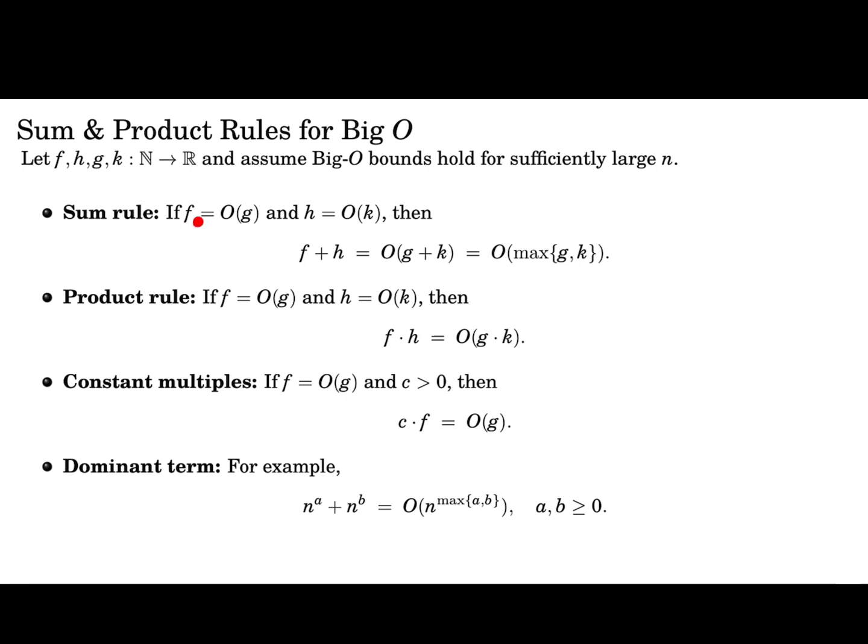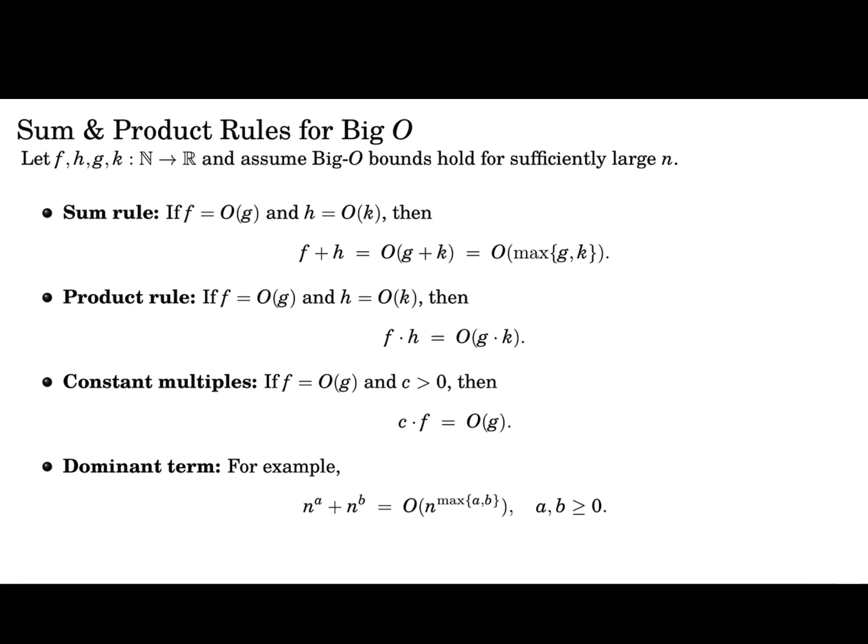If f is big O of g and h is big O of k, then you can show that f plus h is big O of g plus k, and that this is just going to be equal to big O of the maximum of these two functions.